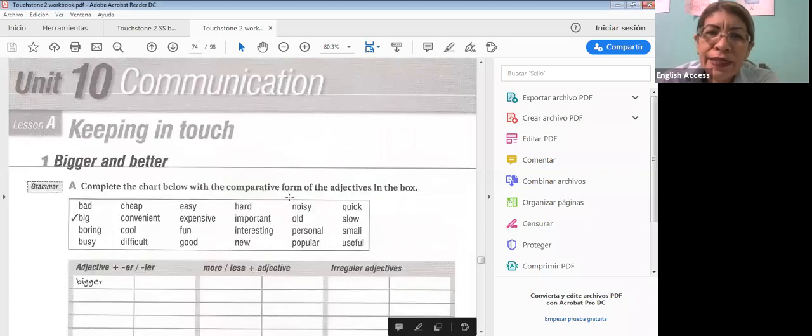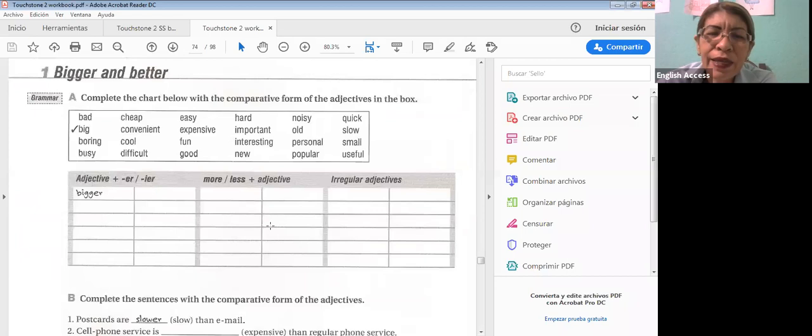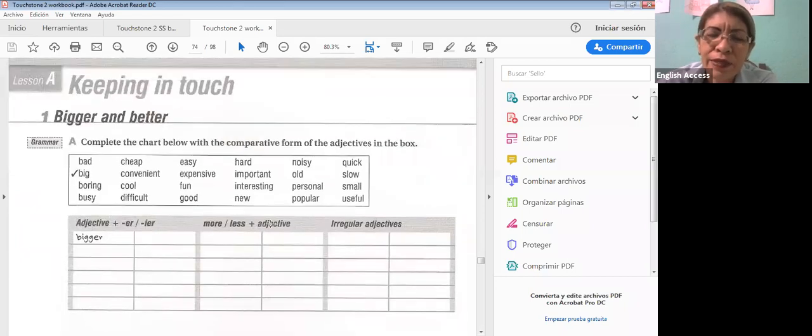Okay, well, last Saturday we began with the comparative adjectives. First of all, as you can see, we're just reviewing adjectives, but we're using them in a comparative form. So here it says complete the chart below with the comparative form of the adjectives in the box.